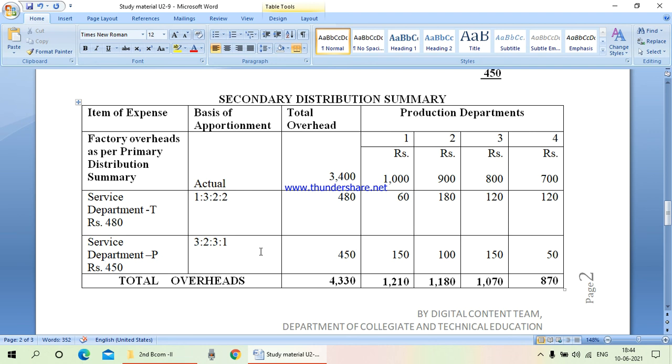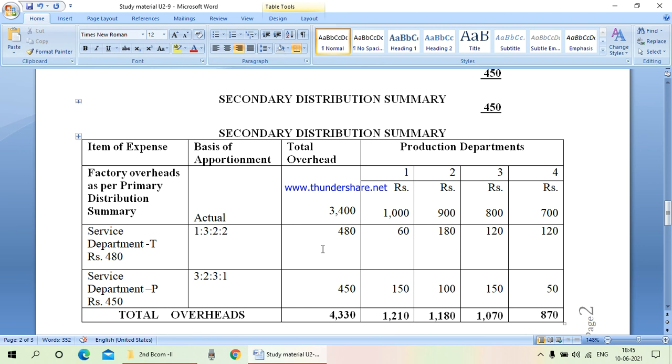Divided among production departments in the ratio given, 3 is to 2 is to 3 is to 1. So 150, 100, 150, 50. So now the grand total is 4330, then 1210, 1180, then 1070, then 870. So this is how secondary distribution is made under the simultaneous equation method.